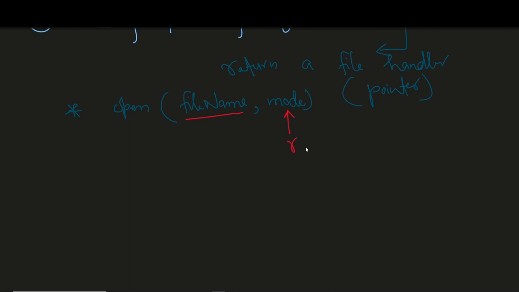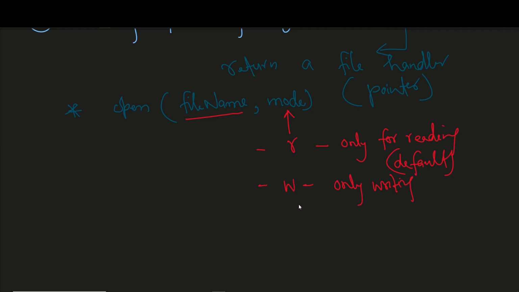The first mode is r, and this is used for reading only, and this one is the default. The second one is w, and this is used for only writing. If you want to only read the file, you have to use r mode.